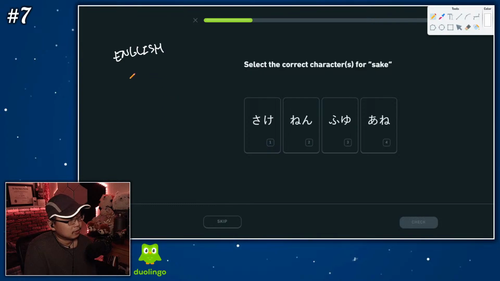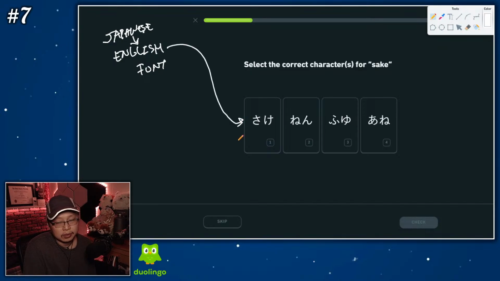There is Japanese-style English font. There is English masquerading as Japanese. English can masquerade as other languages intentionally, because of the user base, right?